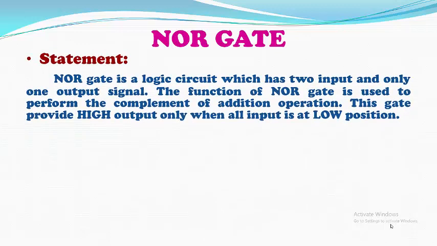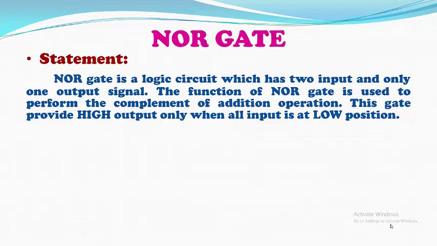Now we will see the second derived gate, the NOR gate. Statement of this NOR gate: earlier we have seen the basic OR gate, and that OR gate is used to perform the binary addition operation. This NOR gate is derived from the OR gate to provide the complement of binary addition.